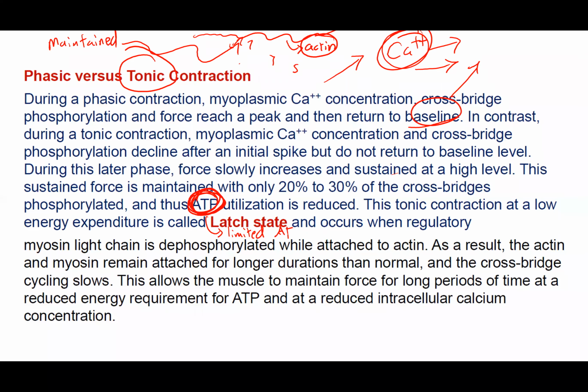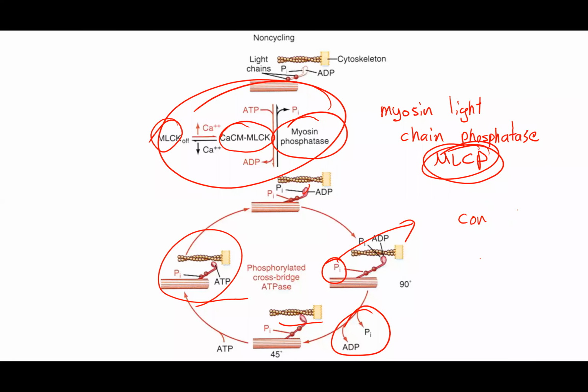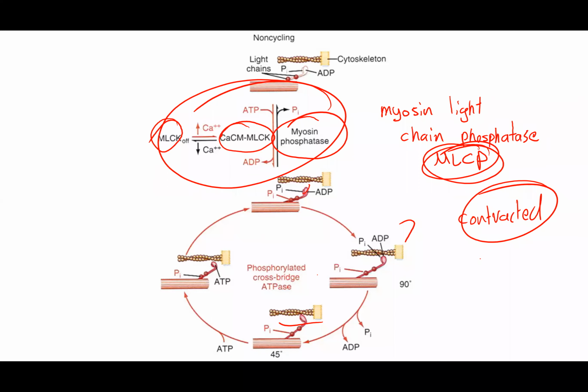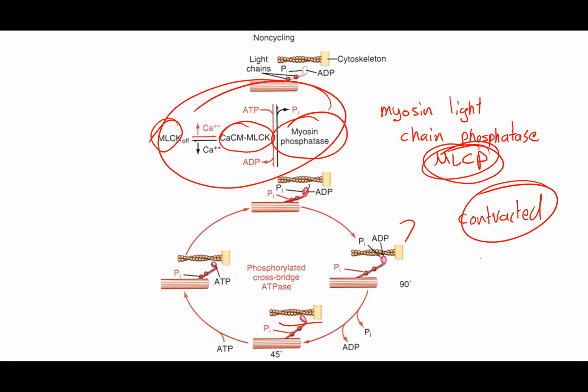We need the smooth muscle to be contracted all the time. But if it were to work normally, it would keep going through this cycle over and over again, and every time it goes through the cycle, it's burning 1 ATP. It's quickly consuming a lot of energy. So what we need is something known as a latch state.